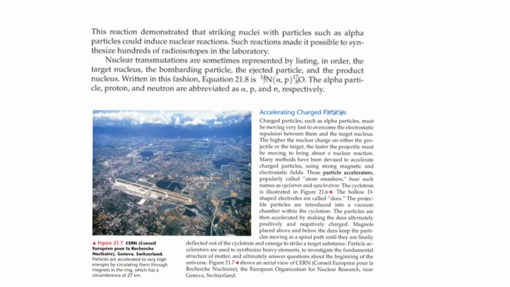The hollow D-shaped electrodes are called Ds, and the projected particles are introduced into a vacuum chamber within the cyclotron. The particles are then accelerated by making the Ds alternately positively and negatively charged. Magnets placed above and below the Ds keep the particles moving in a spiral path until they're finally deflected out of the cyclotron and emerge to strike the target substance.